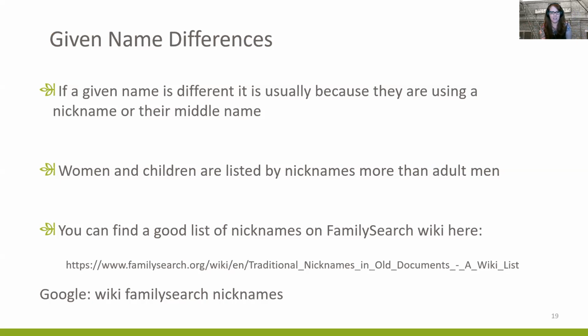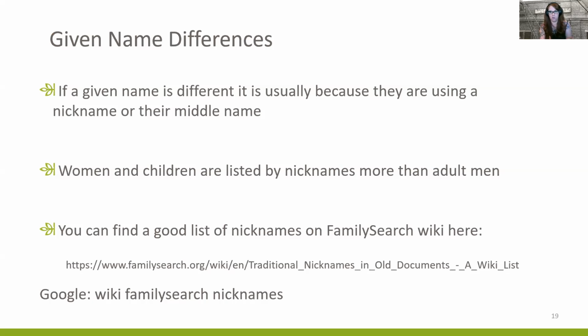And I like to use the FamilySearch Wiki for nicknames, and you can see the URL at the bottom there. If that's a pain to capture, Google search Wiki, FamilySearch, nicknames, and it should be your top result.